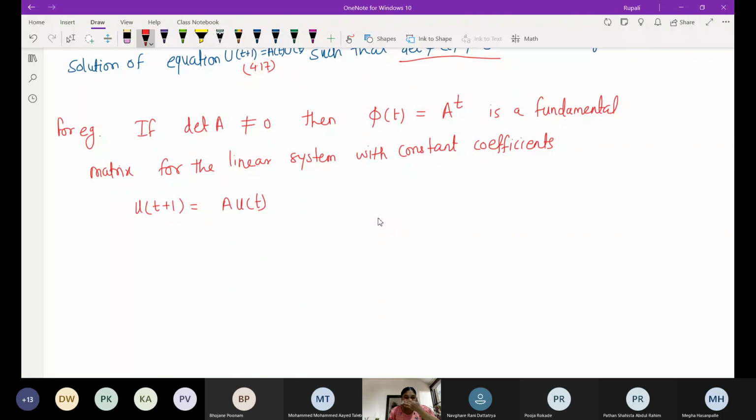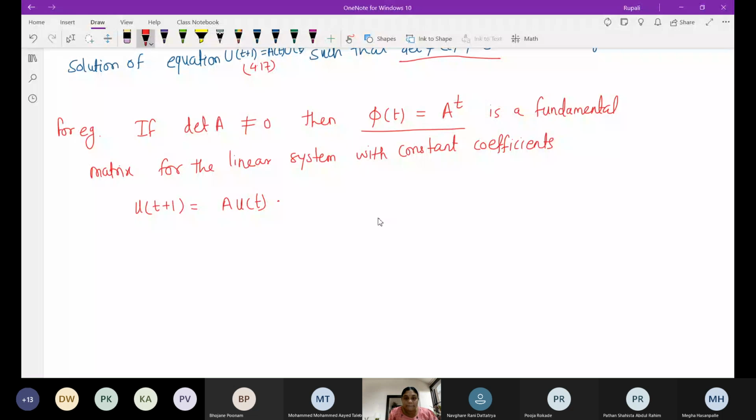We have already solved such types of linear systems, and we know that its solution is A raised to t. So now if the determinant of A is not equal to 0, then this phi t solution is called a fundamental matrix for this system.